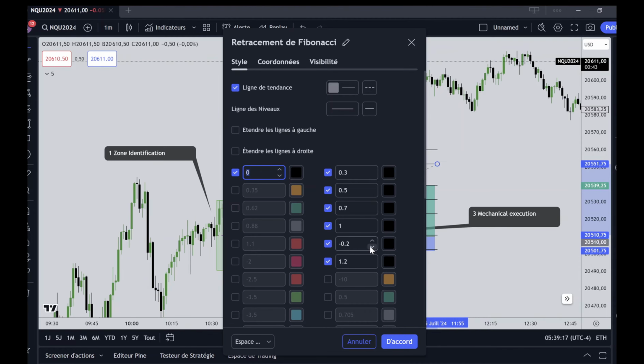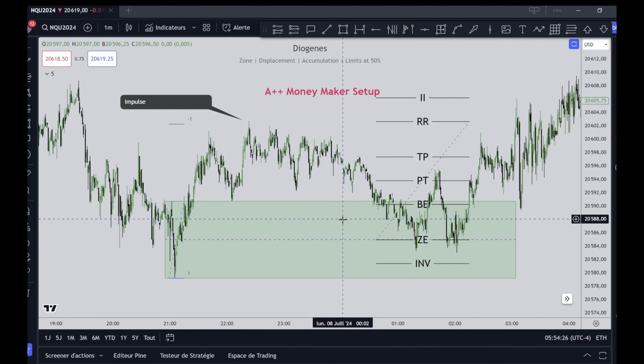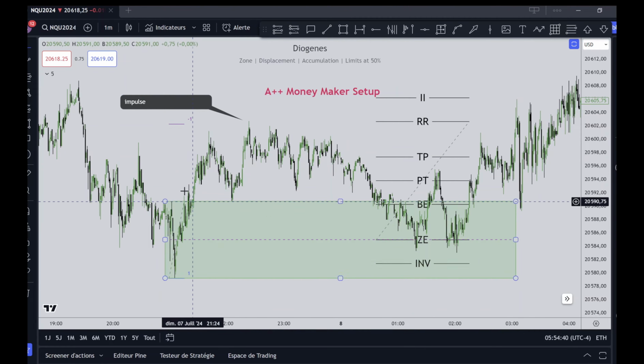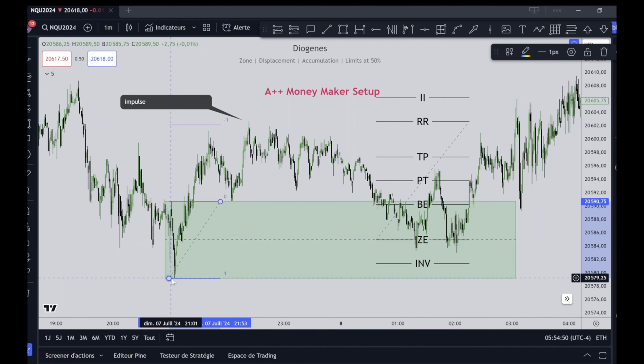So let me show you how this works on a NASDAQ chart. Let's go through a real example on NASDAQ, which happened today. So here we identified an A++ Moneymaker setup zone, which is nothing but the origin of this huge zone, right? So we calculated the displacement by putting a fib like that, anchored from the low of the origin and the high of the origin.